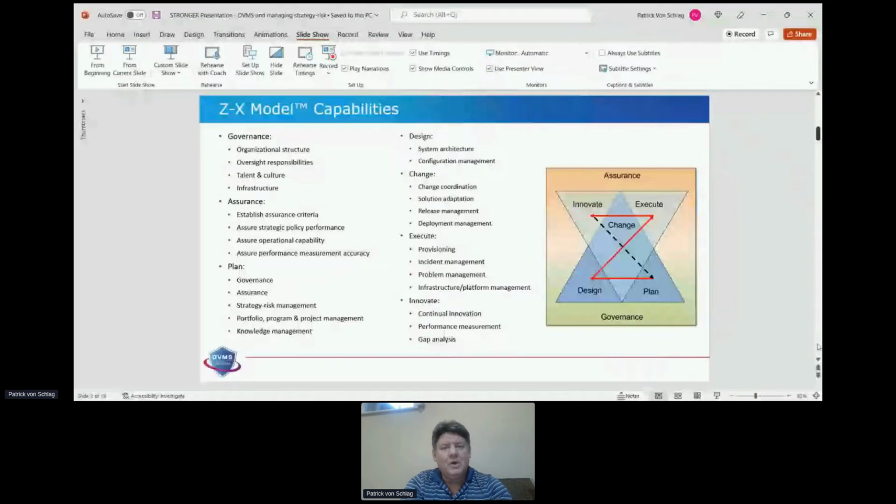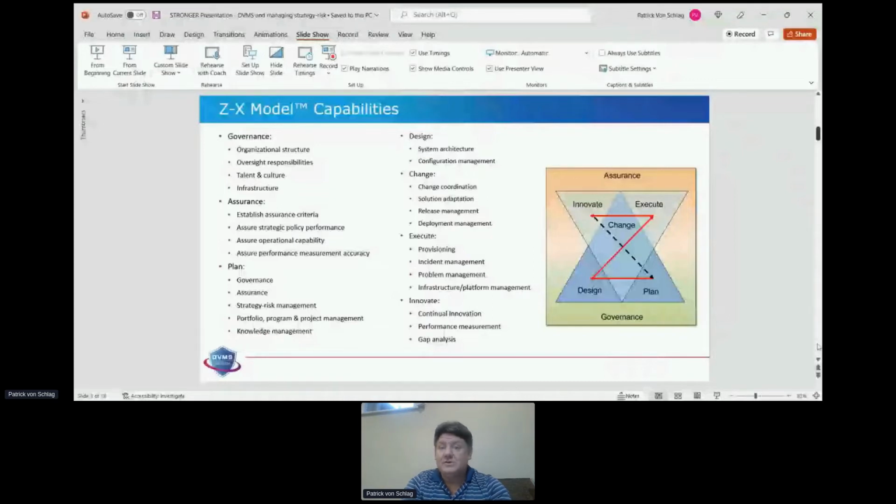So we can think holistically about this in terms of how we establish organizational governance, how we apply and provide certain levels of assurance, how we plan organizational capabilities, design new and changed service capabilities, successfully manage transition and change, successfully execute against our goals, and identify and drive different levels of innovation.